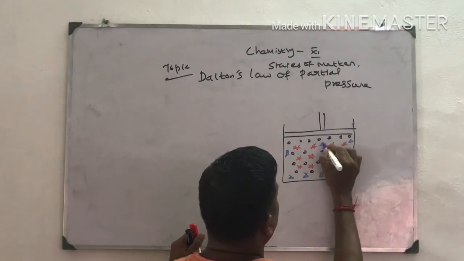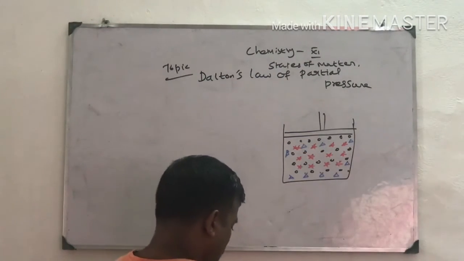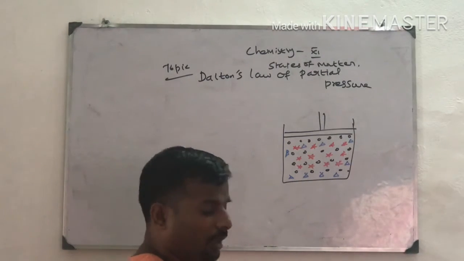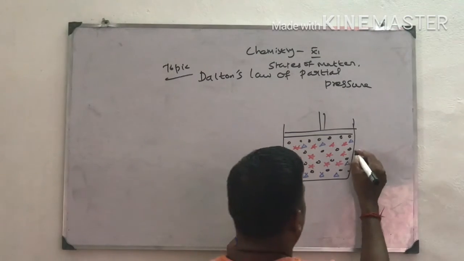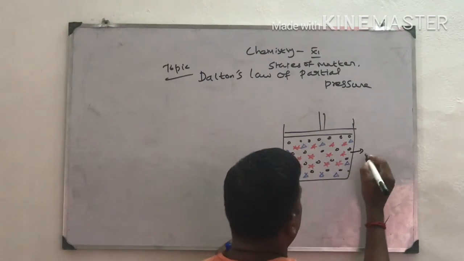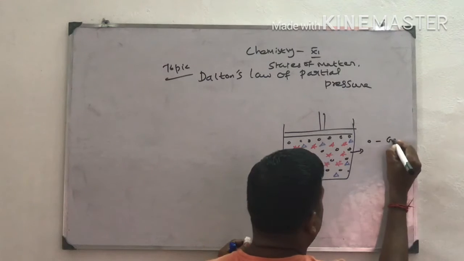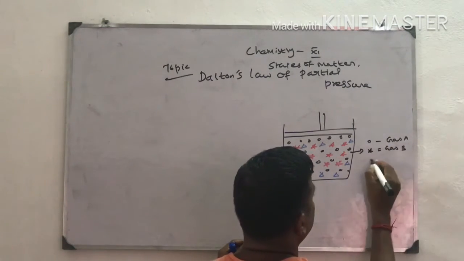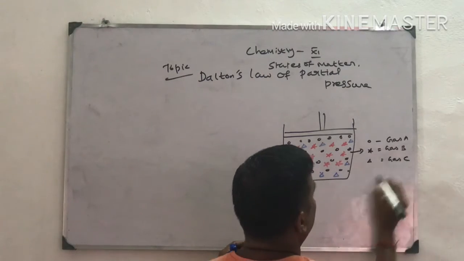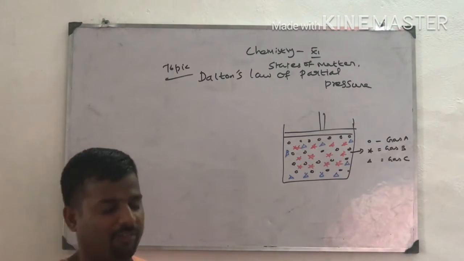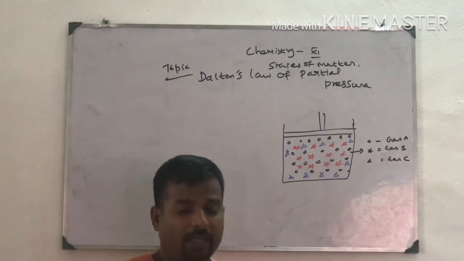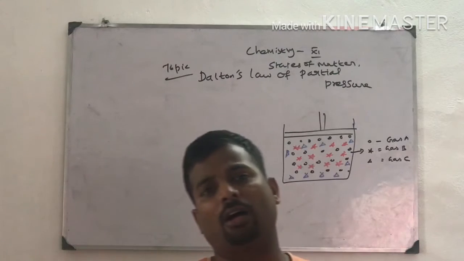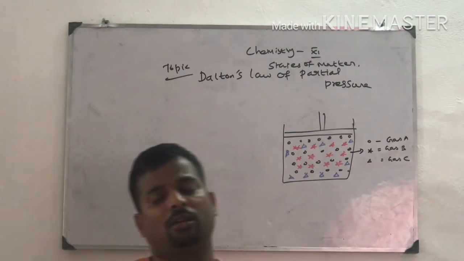Suppose this vessel contains three different gases in different ratios at a particular temperature. How do you know the pressure of a particular gas? This is the question. This is gas A, this is gas B and this is gas C. Based on his studies, he formulated a theory called Dalton's law of partial pressure.